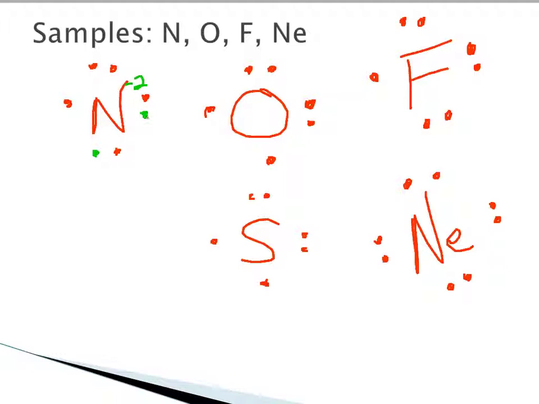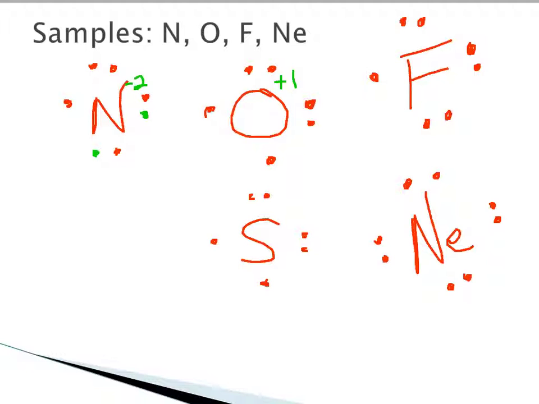Okay, that's good. And then let's say oxygen was actually +1. If it's +1, it means that I've actually got to take an electron away. So I should probably take off one of these pairs. I don't want to take off one of the single ones because they're happy.